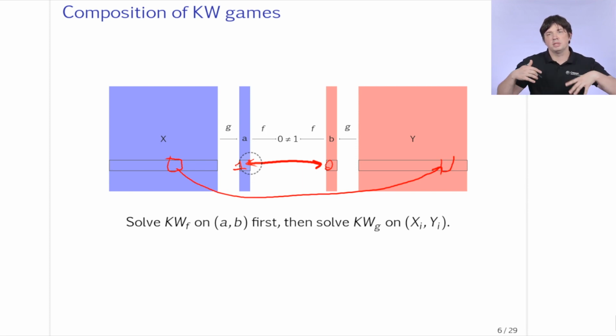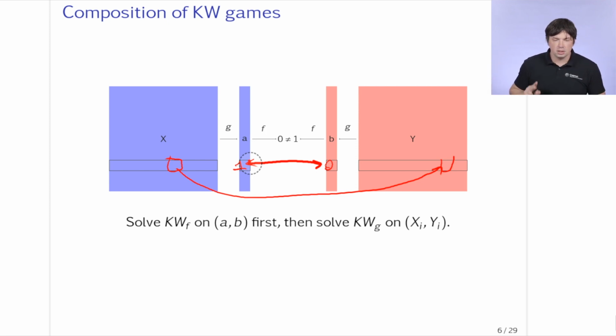So instead of thinking in terms of formulas, where you would think from the bottom, you apply g to the inputs, and then you apply f to the results, here we have this top-down thinking: first you solve one game that is f, and then you go to the actual inputs and solve another game.